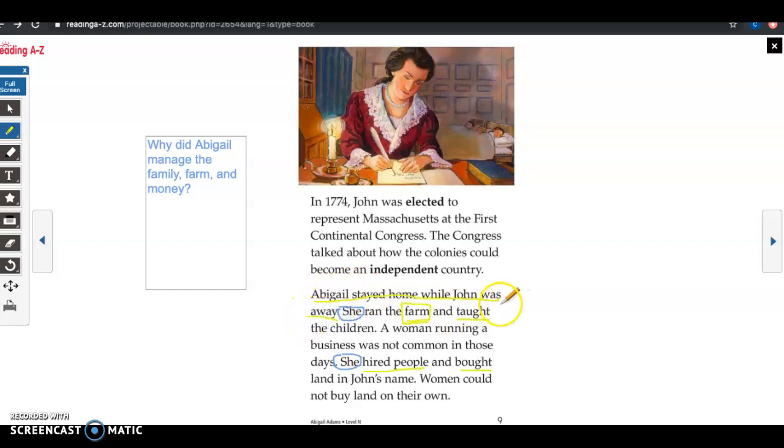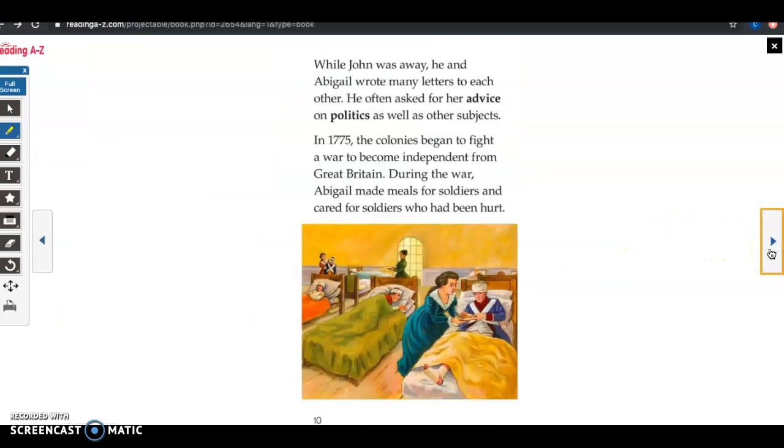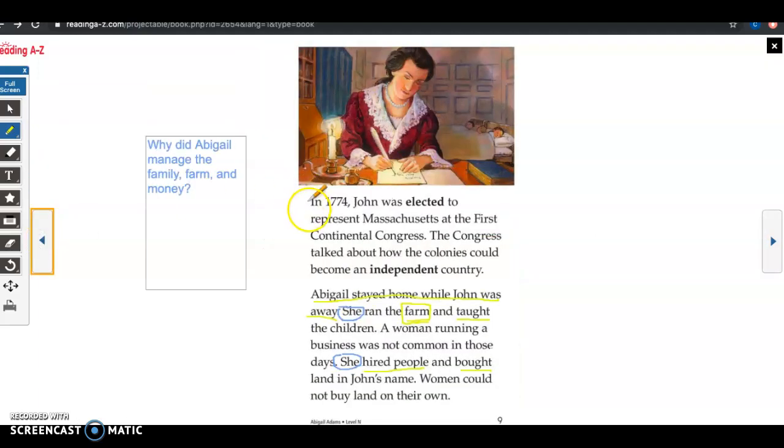So where was John? So it says up here, your answer for where he was, you should find right up here.